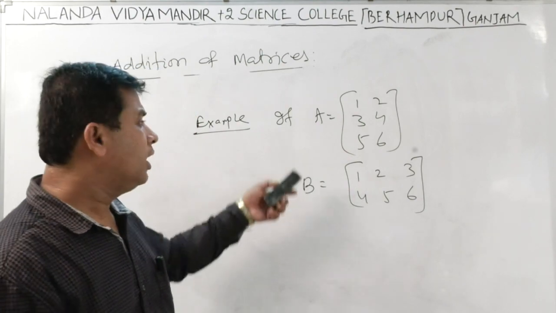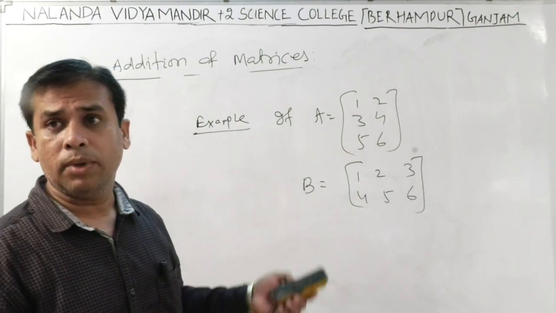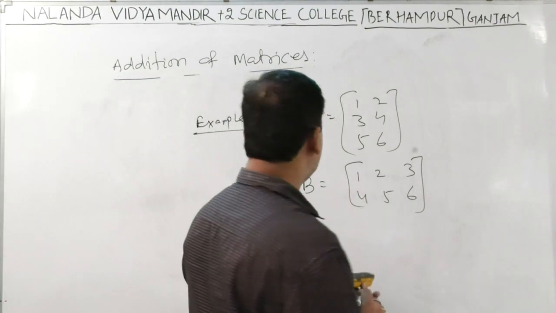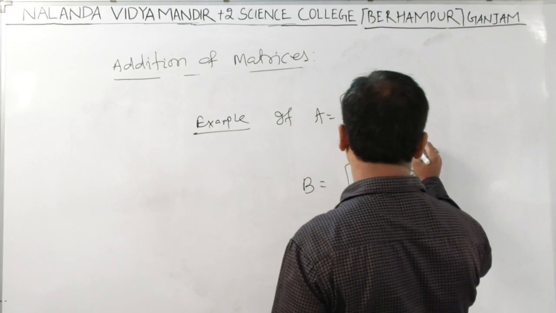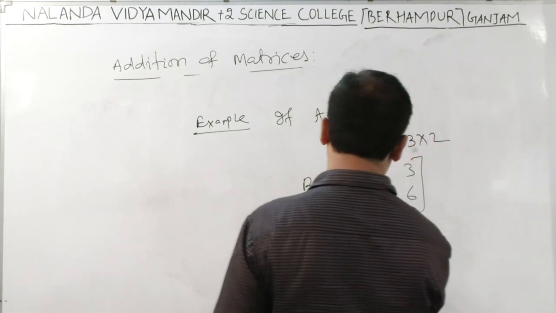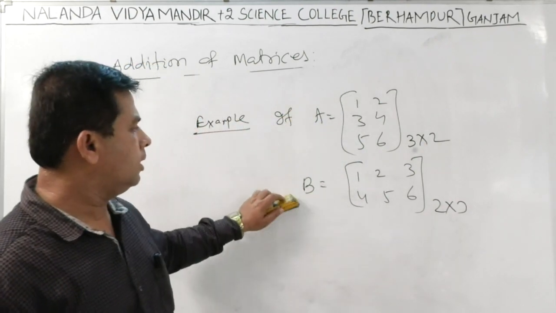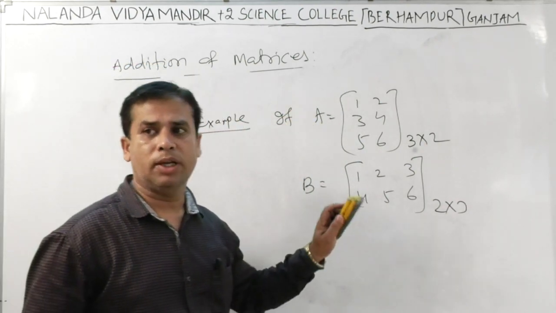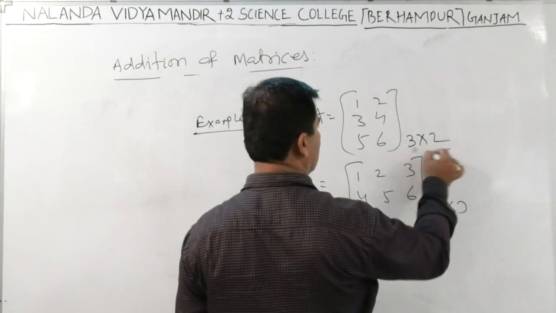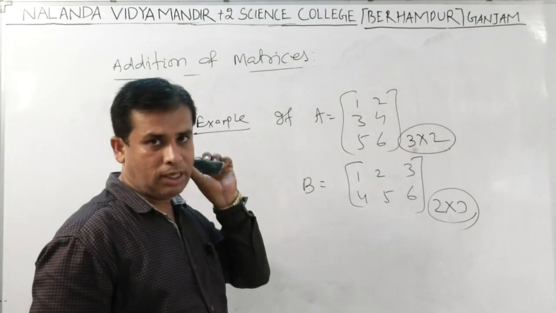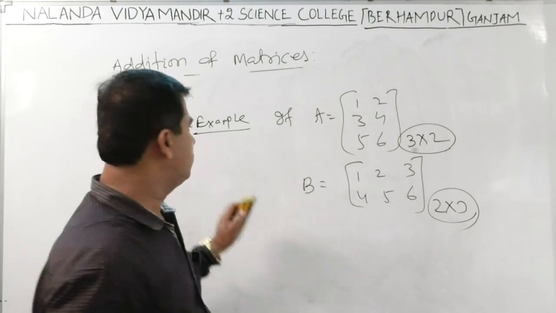No. Why not? Because the order of A is not equal to the order of B. The order of A is 3 cross 2 and the order of B is 2 cross 3. Both matrices do not have the same order. Then we cannot add A with B or B with A.